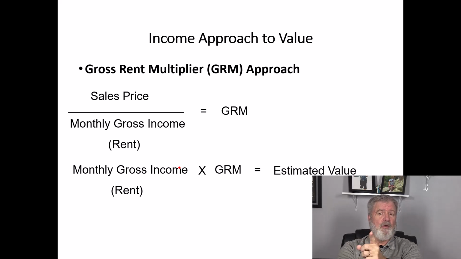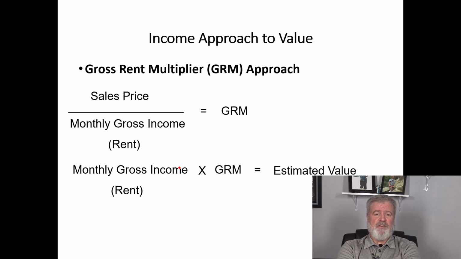Now this time, notice the income is based off monthly income. That's a huge distinction here. Be careful. Remember, capitalization deals with annual income. Gross rent multiplier deals with monthly income. Be careful you don't get that confused.